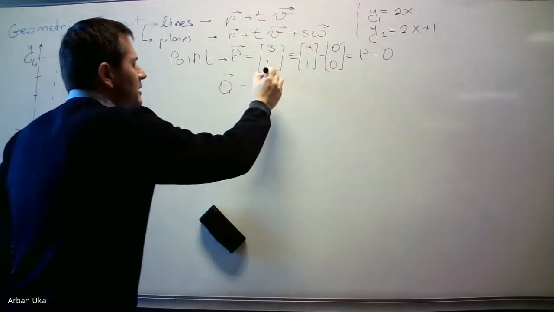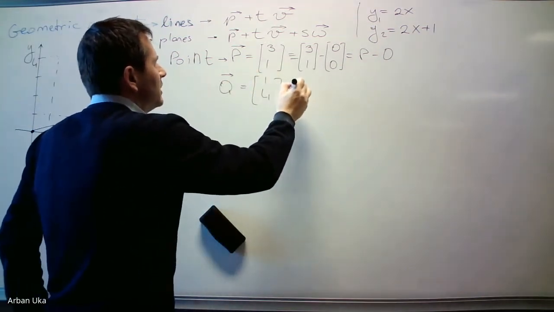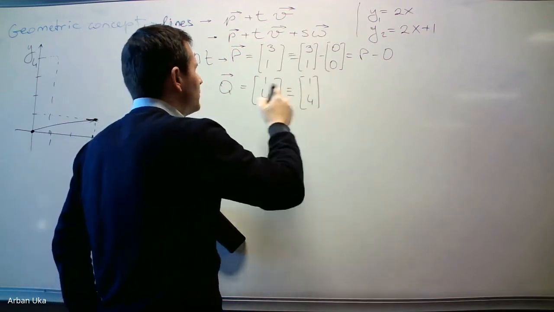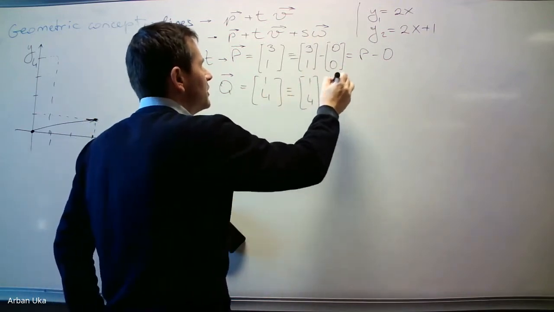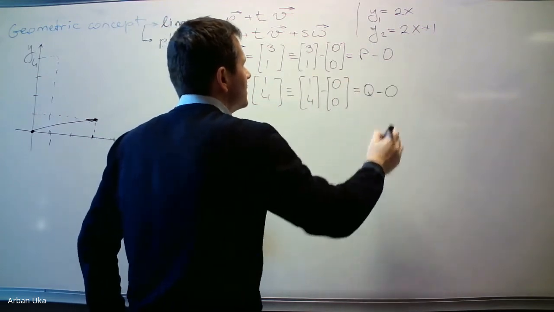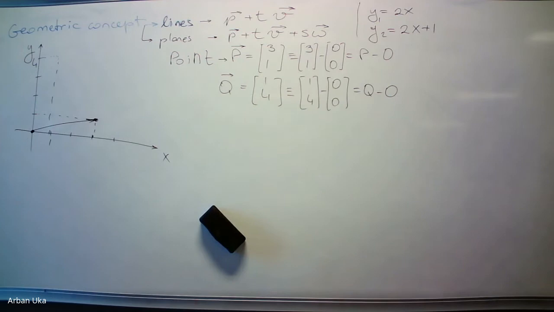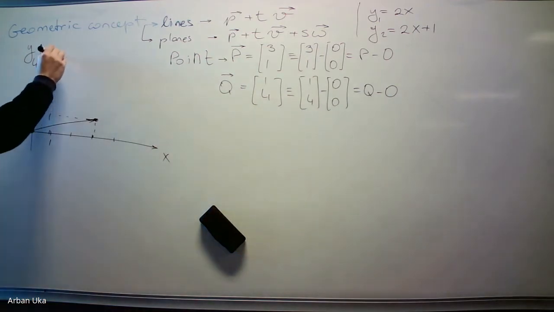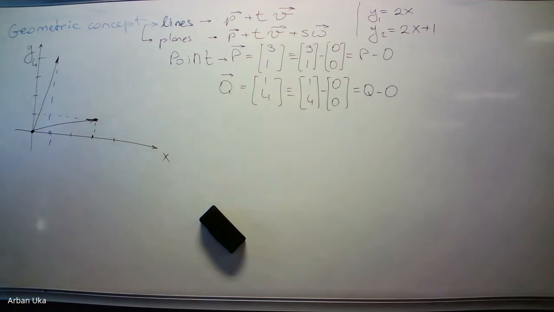This is point Q minus the origin, which is 0, 0, so again Q minus O. When we denote this vector, it points like this. What these two vectors have in common is that they both pass through the origin. We can easily notice that.